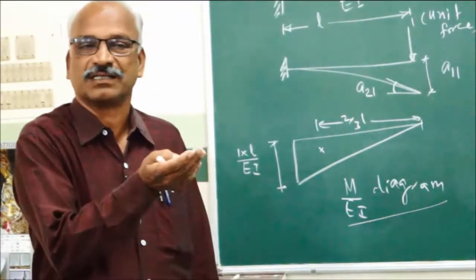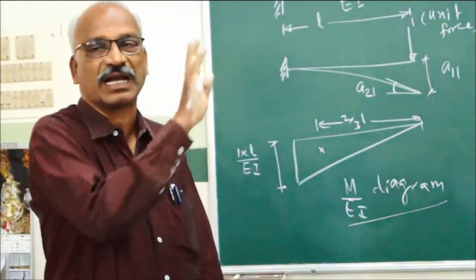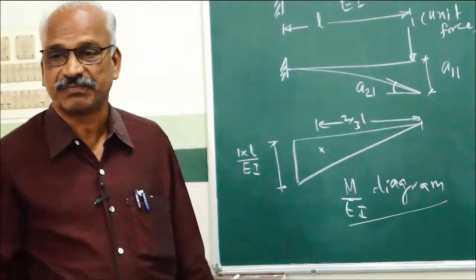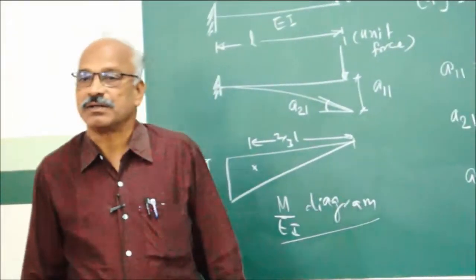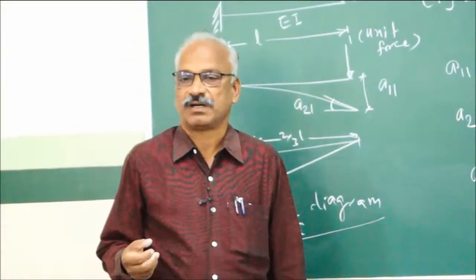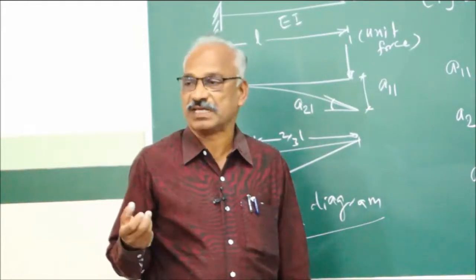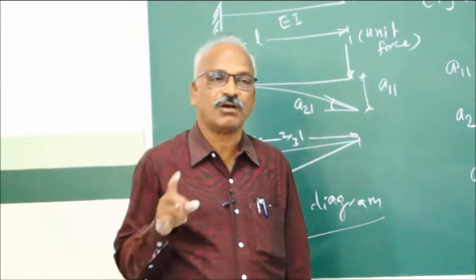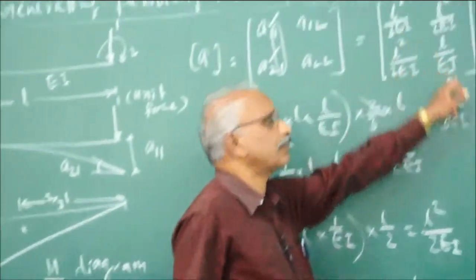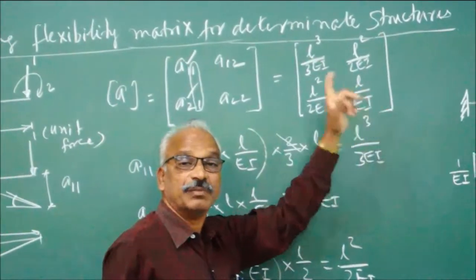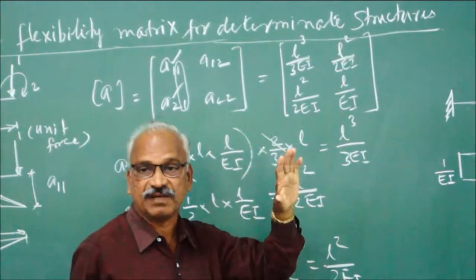So you can take some L and EA outside, or you can have it as it is. You can simplify, otherwise you can leave it as it is. But some of the properties of the flexibility matrix are, one is the leading diagonal values will be positive.